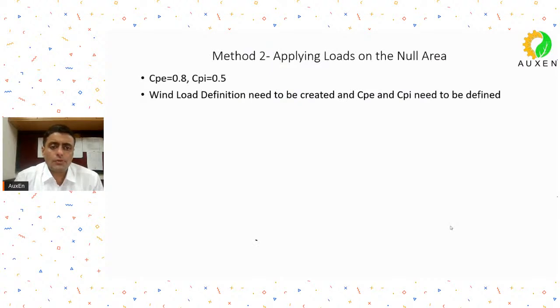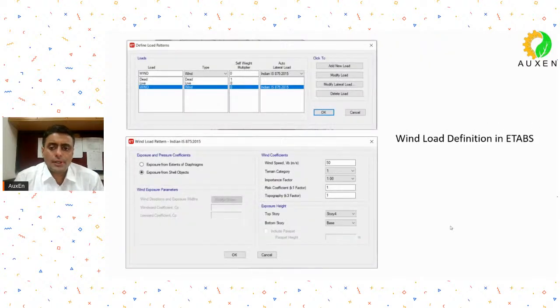For this, we need to first create a wind load definition in ETABS. Here, if you can see the screen, we have created a wind load definition and we have selected IS 875 part 3. And then in the lower window, you can see that we have taken the exposure from shell objects, and then here we are manually assigning these values.